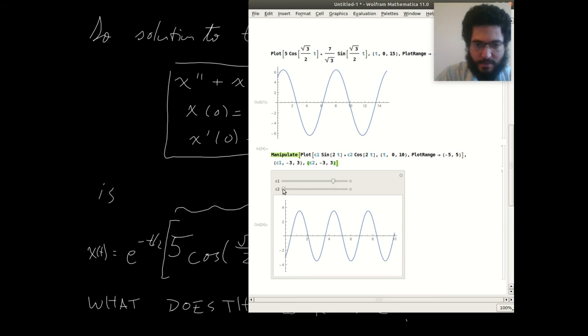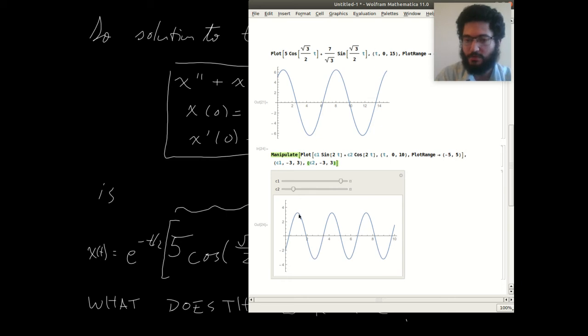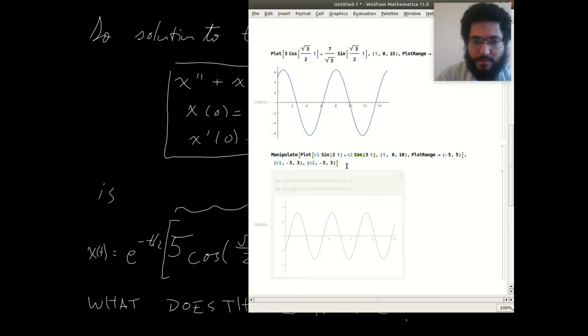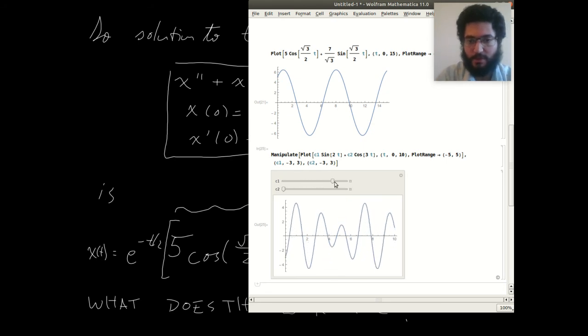As I move these bars, it's kind of interesting. The sinusoidal function shifts around to the left and right, and the amplitude changes, right? But it stays looking like a sinusoidal function. It's not something more complicated than just a sine or a cosine, even though it's a combination of both. If I made the frequencies different, like if one was sine 2t and the other is cosine 3t, then things can get super weird, right?